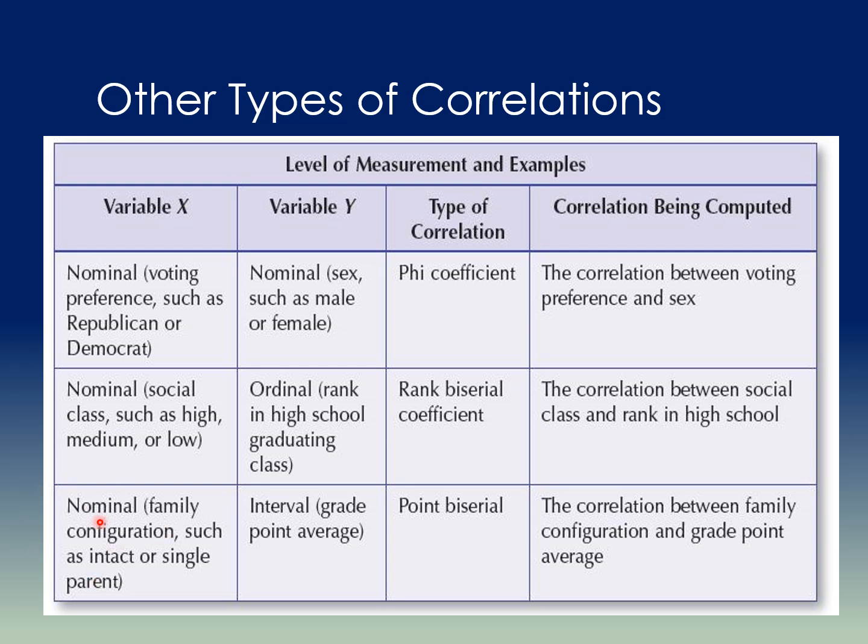If I want to use a nominal variable with an interval variable, I can use something called a point biserial. I just want you to be aware that there are other types of correlation coefficients, and we're not restricted specifically to continuous variables and ordinal variables like we see with the Pearson and the Spearman correlation coefficients respectively.